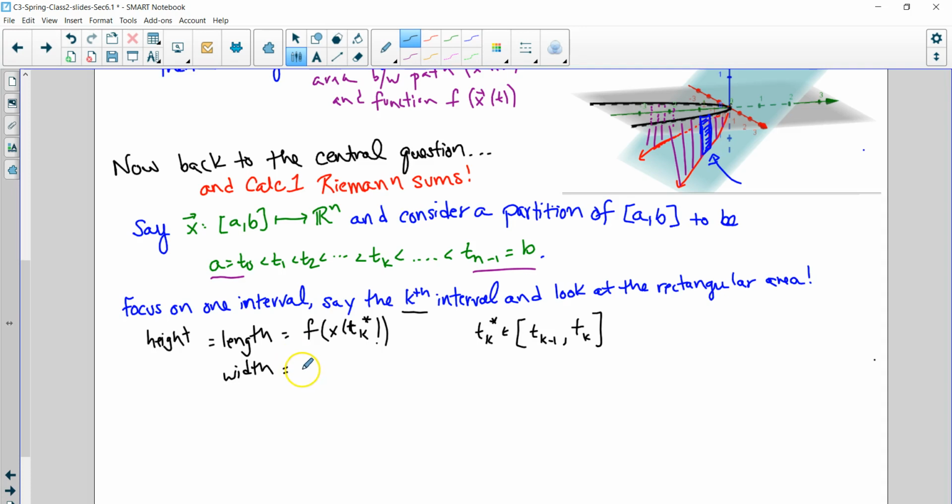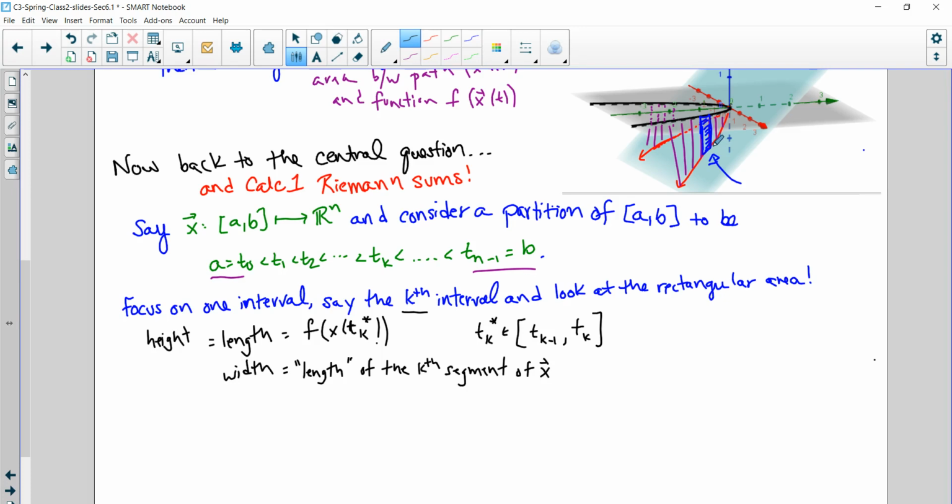I'm going to say the width is the length of the kth segment of our path. Yes, I could follow the path, I could also follow the function, but I'm going to go along the path, and you'll see why in a moment.